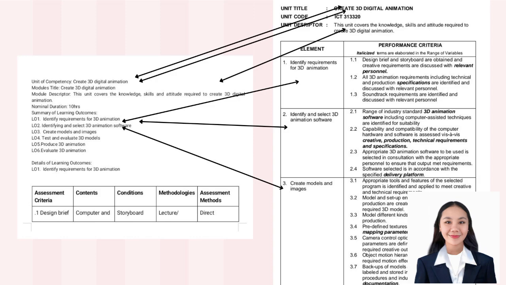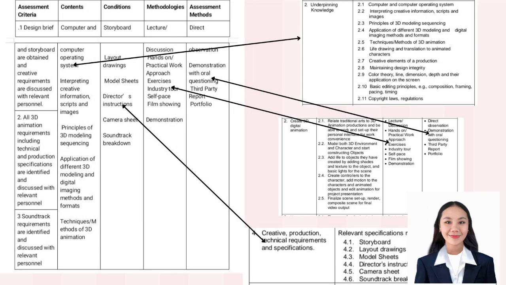The first learning outcome, identify requirements for 3D animation. For the assessment criteria, nag-base po kami nito sa TR and nakuha namin ito sa performance criteria. Next, contents. For the contents naman po, nag-refer naman po kami nito sa underpinning knowledge.